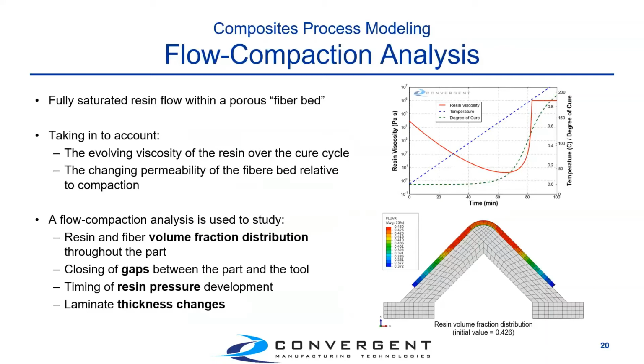So by looking at some of the outcomes, like the resin pressure, that can be an indicator of defects like porosity. Thickness change is another feature that this consolidation simulation can predict. And also, as you see in the advanced simulation, wrinkling that happens during the consolidation phase can be predicted using the Flow-Compaction Analysis.